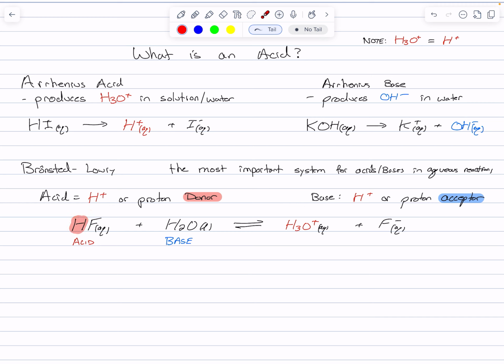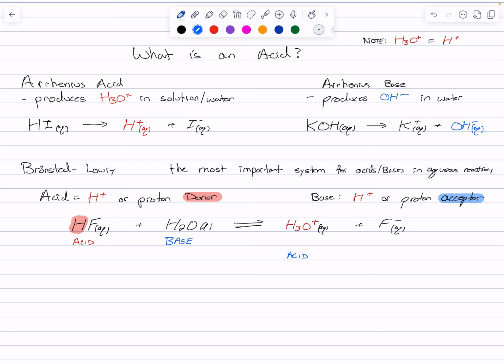This H comes over, goes to hydronium, so now we have hydronium and fluoride. Works out great. Well, if we look at the reaction going this way, one of these H's can come back to fluorine. That kind of makes sense, doesn't it? So that means this could be a base. Or excuse me, this could be an acid.